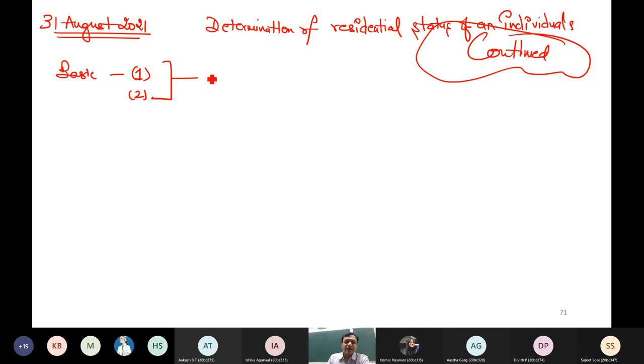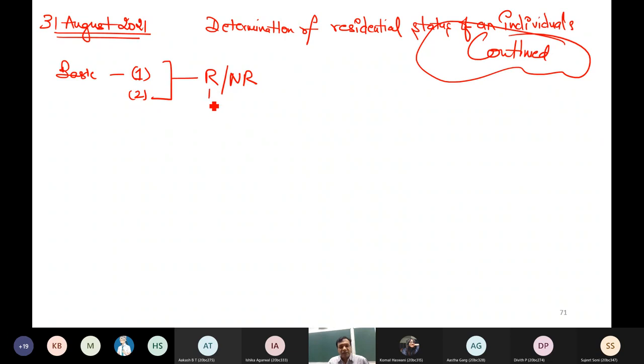Whether an individual is resident or non-resident entirely depends on the basic conditions. There is no relationship between resident or non-resident and the additional conditions. So if you only have to tell resident or non-resident, only the basic conditions matter.